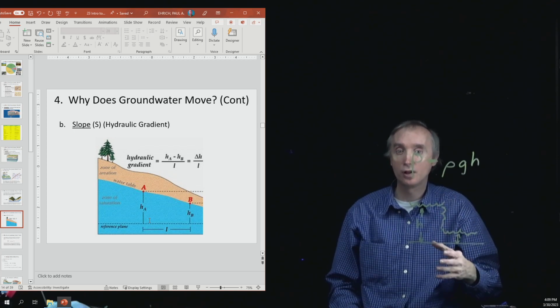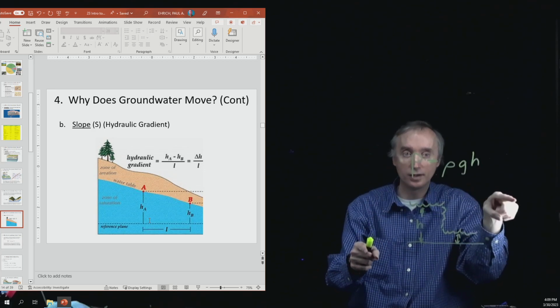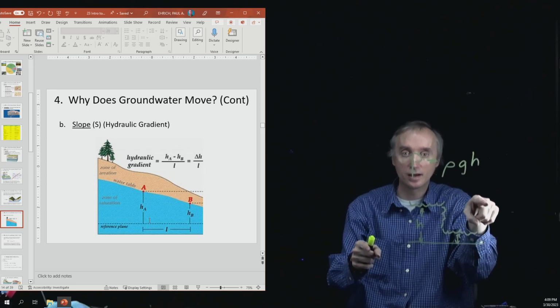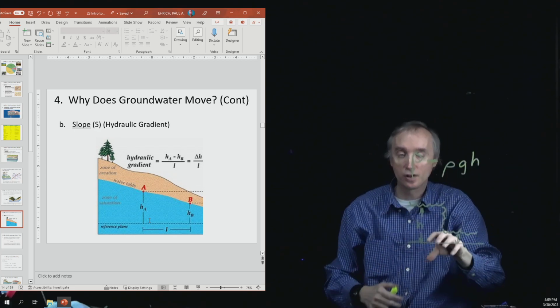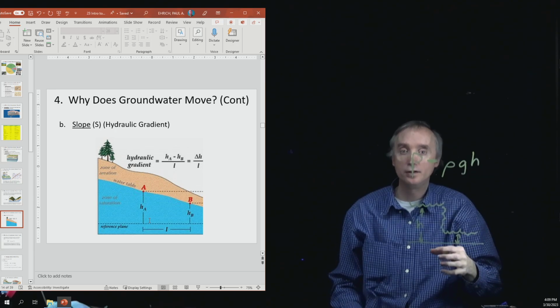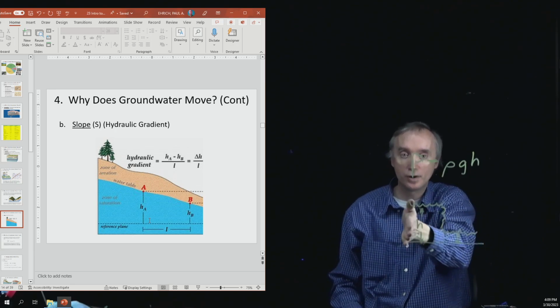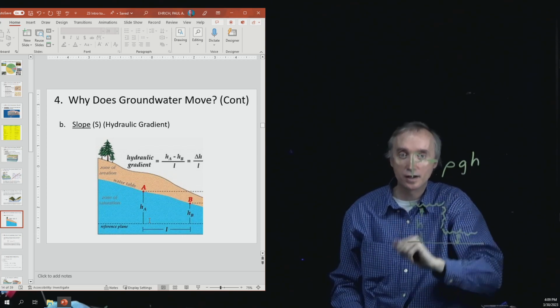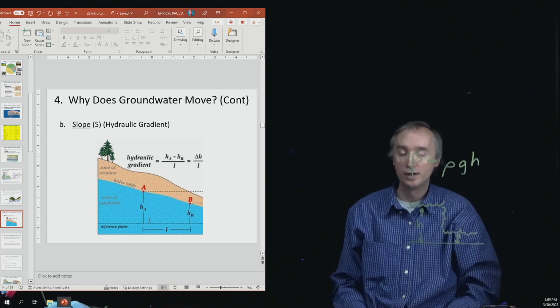We found the slope of the ground by measuring the sideways distance and comparing that to the up and down distance. So slope is going to be rise over run. It's going to be the change in the height divided by the change in the sideways part, and that's going to be the slope. It's the same slope that you would use in geometry.